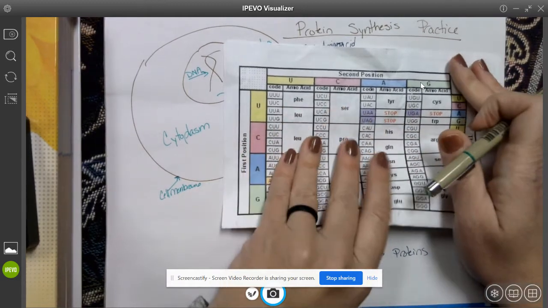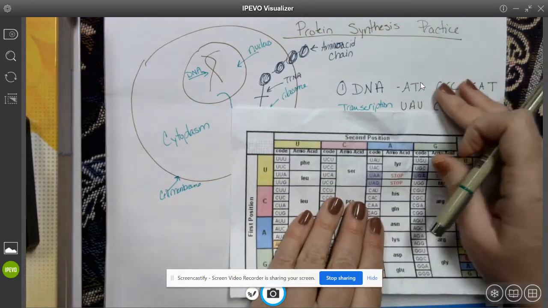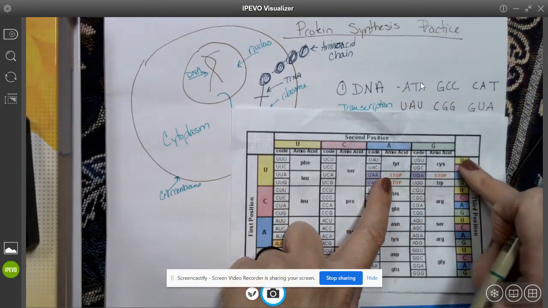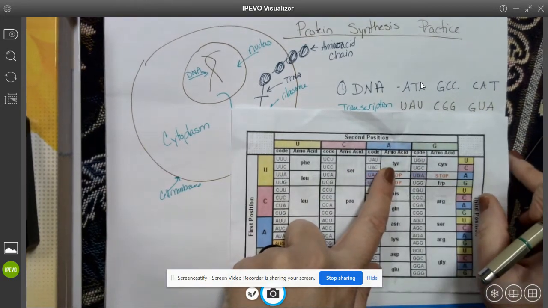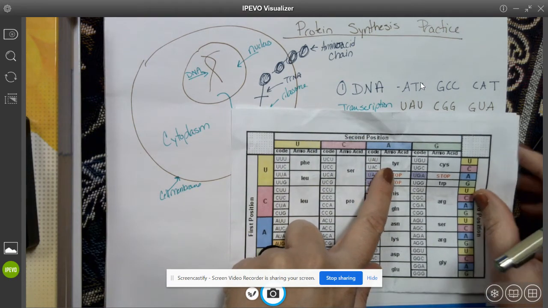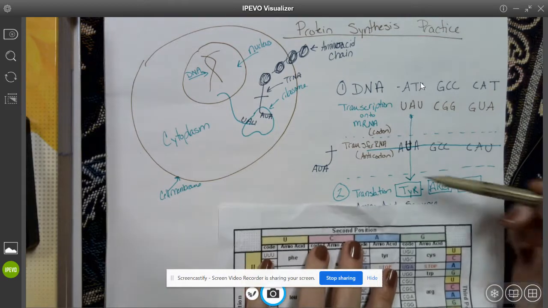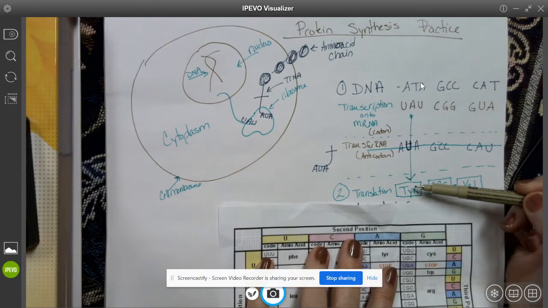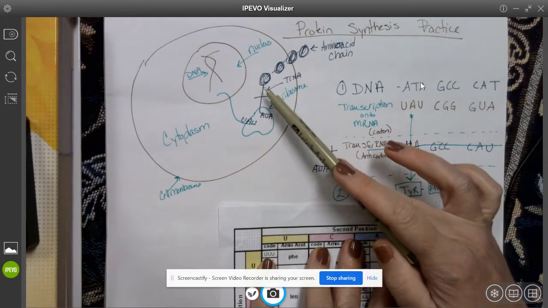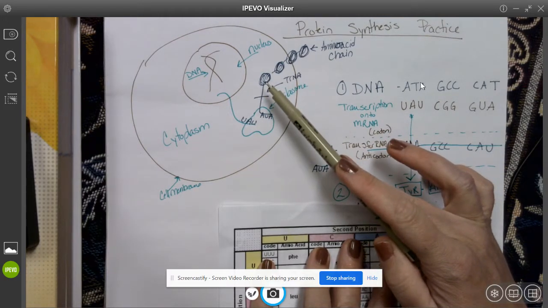U, A, U. The amino acid that codes for UAU is tyrosine, T-Y-R. So that's this first little ball that's dropped off by the tRNA, tyrosine.